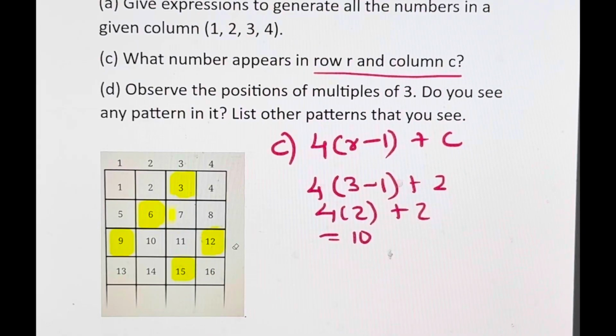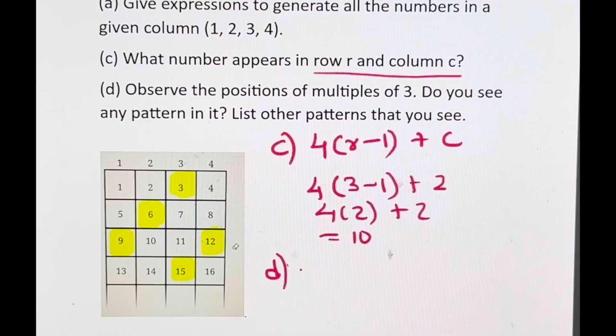If we go further, you can see it is in a slanting manner. The pattern which we see in the multiples of 3, and you can also write about the odd numbers and the even numbers. So multiples of 3 are occurring diagonally, and the odd multiples of 3 are in column 1 and 3, and the even ones are in 2 and 4. That can also be written as your answer.